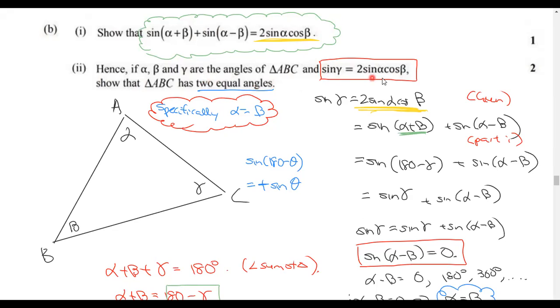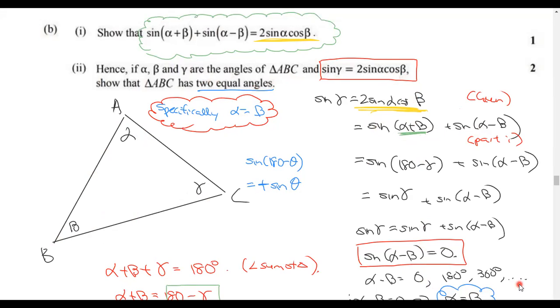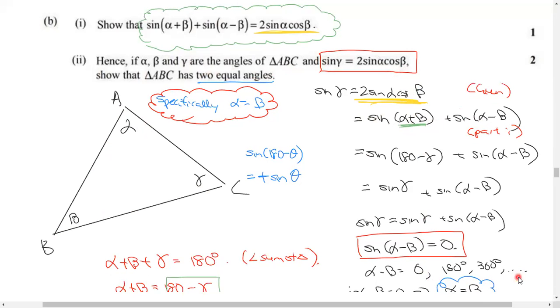They've given you sine gamma equals that. You can note that you can use part 1 to convert that. Once you've done that, the next part might be a little bit tougher to come up with, but you draw out the triangle and see what you get, and then you follow that through, and ultimately prove alpha equals beta, which is what you're trying to prove. That is, two angles are equal. And that's how you do the question.